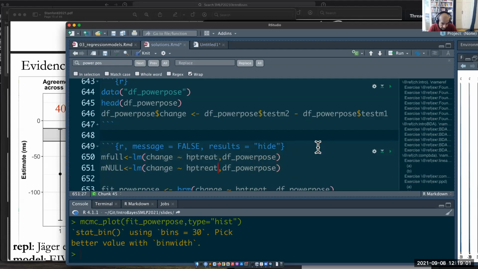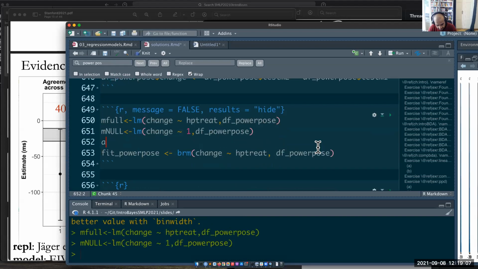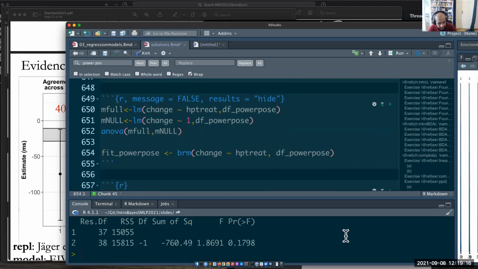So I would write something like this, and then I fit these two models, and then I say likelihood ratio test, M full, M null. That's written in the ANOVA function here, and that gives you the likelihood ratio test. Then I check if my F score is significant. It's not significant. So I fail to reject the null hypothesis.